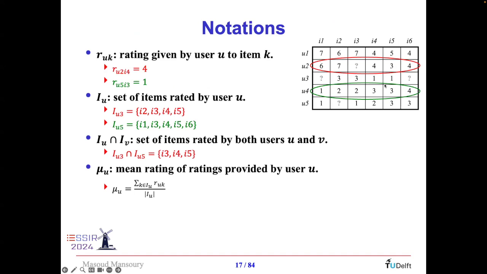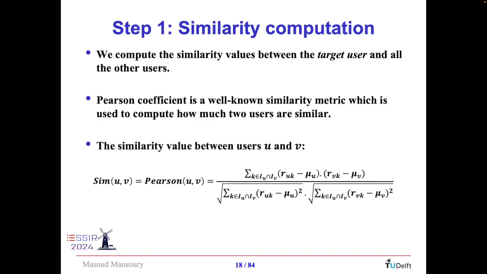So here we have, for example, this small interaction data, this matrix. And these are the notations I'll try to explain in the equations. So the first step is similarity computation. We have different similarity functions: Pearson correlation, cosine similarity, Jaccard coefficient. So maybe it can be like a hyperparameter.